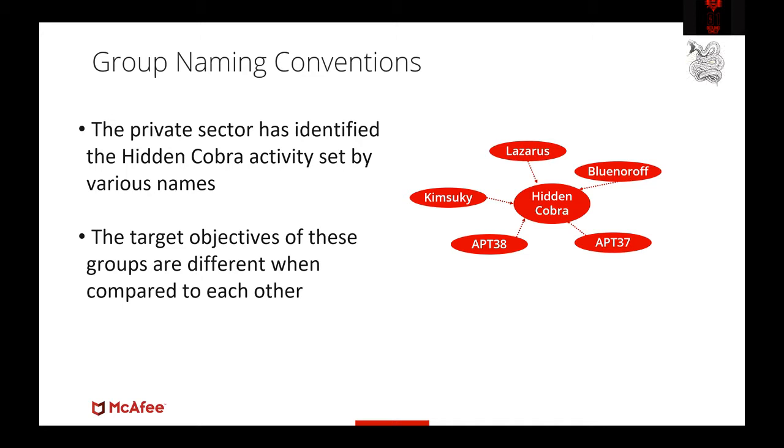We'll see that some of the less known groups under Hidden Cobra would be doing militaristic, traditional covert espionage against targets that would be state enemies. And so we see this distinction from an activity and targeting perspective, but from an overall classification, it's rolled up into Hidden Cobra, but can be subdivided based on different kinds of activities.